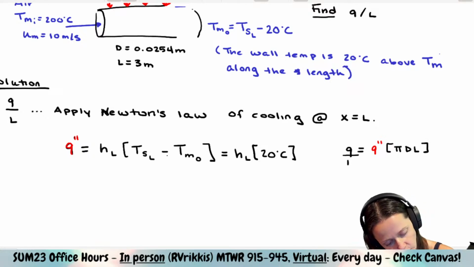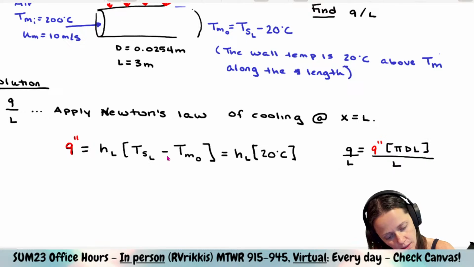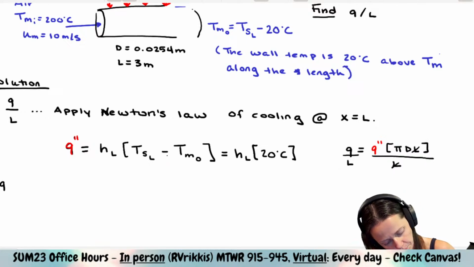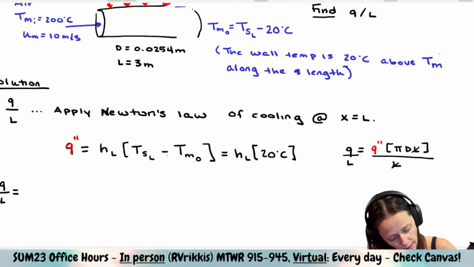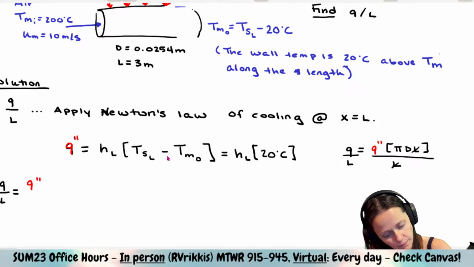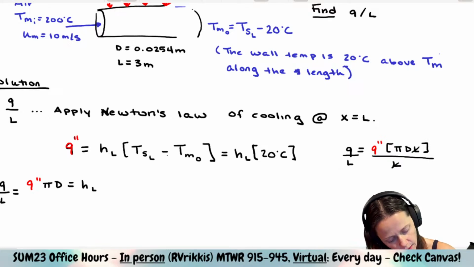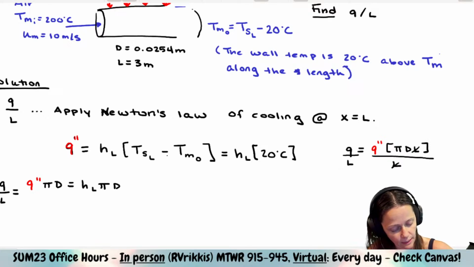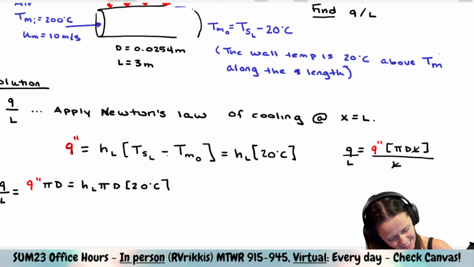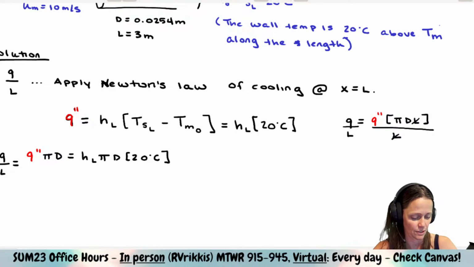If I divided through by L, my Q over L is going to be my heat flux times pi d. So it's going to be HL pi d times 20 degrees Celsius or 20 Kelvin, however you want to do it.